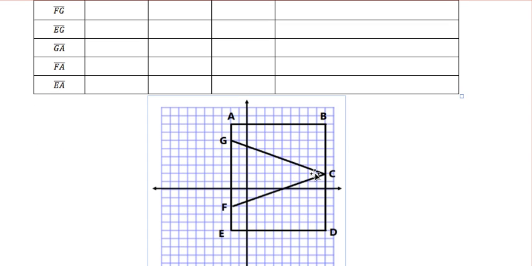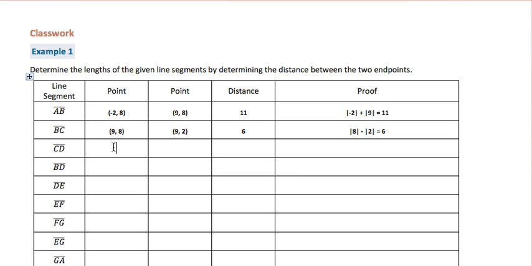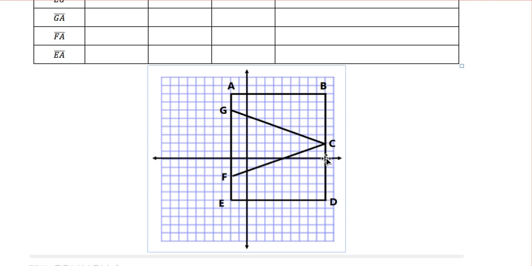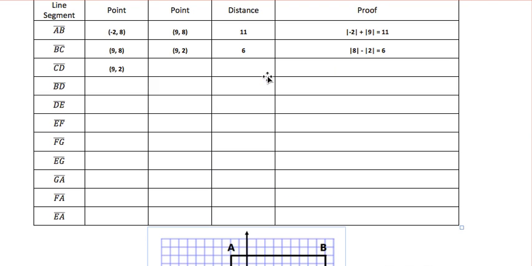CD, again, the point C was 9, 2. And then D was 9 and 1, 2, 3, 4, 5 in the negative direction. So 9, -5.